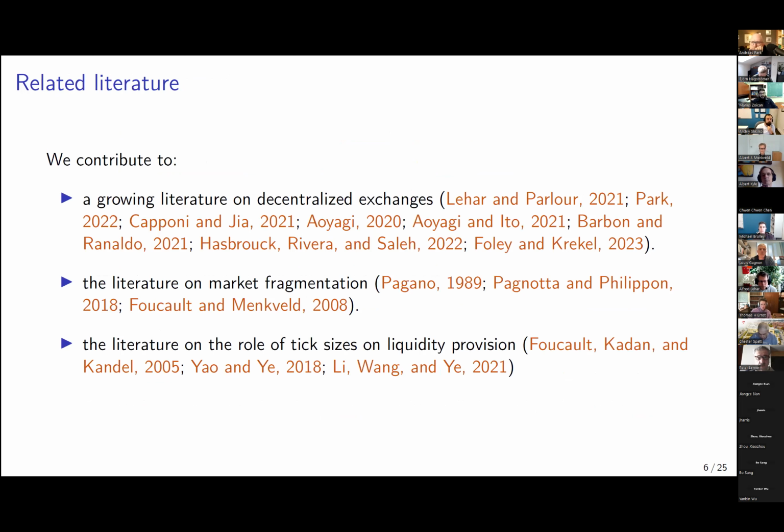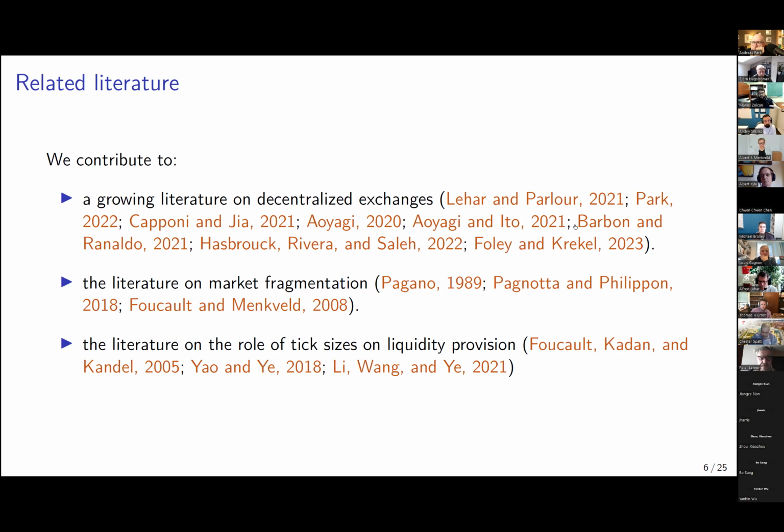Now there is a recent and very rapidly growing literature on DEXs. My co-authors have a paper showing exactly that liquidity provision is quite passive. Andreas has a number of papers focusing on automated market makers. It's expanding very fast.